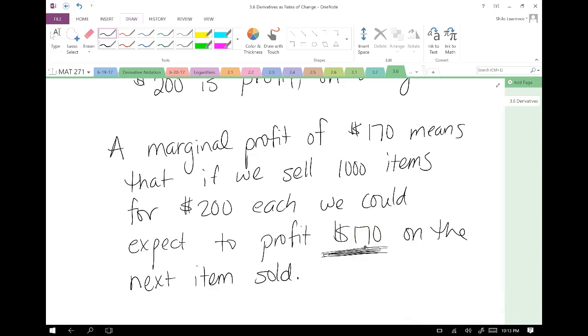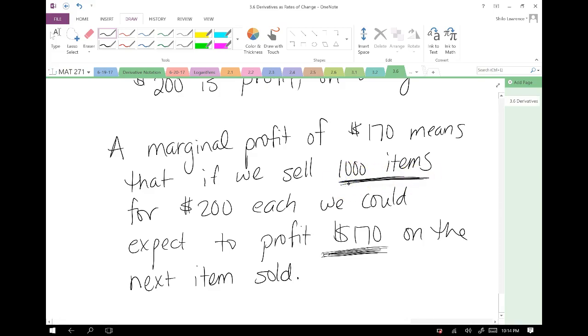Or you might look at the marginal profit and say, wow, that's a lot of money. If we just produce a few more, we're going to make a lot of money. We need to increase production some. So marginal profit is just how much profit you're going to make if you made and sold just one more item above your current production level.